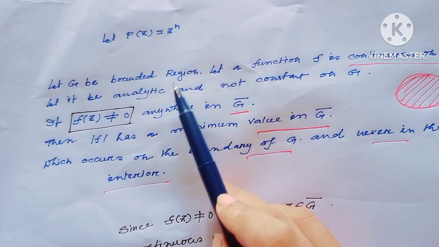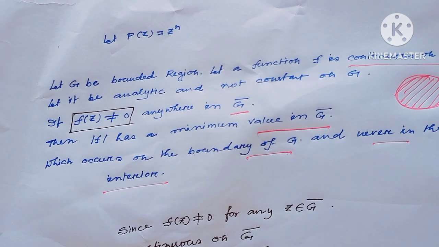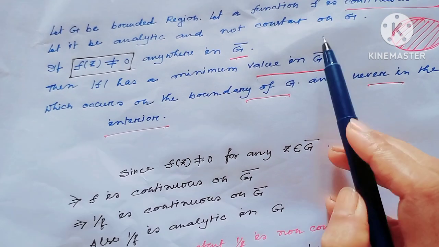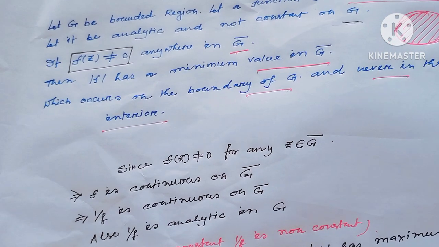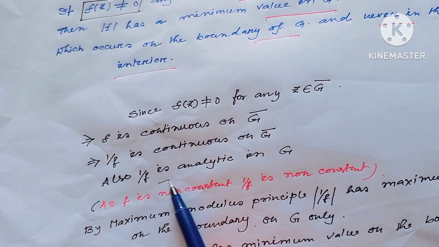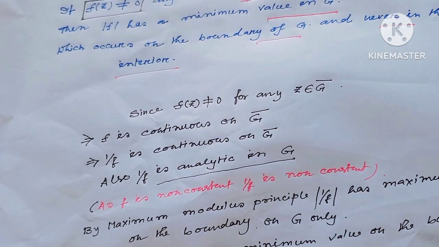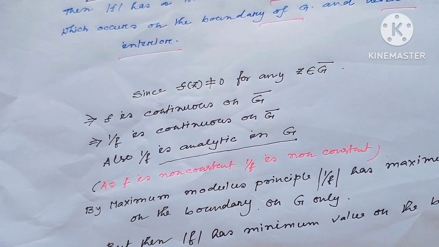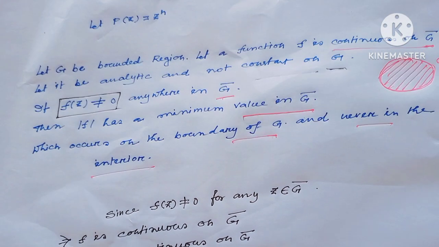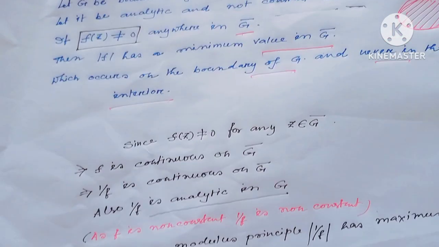Also, given f is analytic, so 1 over f is analytic and non-constant on G. That means 1 over f is continuous and analytic in G. And since f is non-constant, 1 over f is also non-constant.